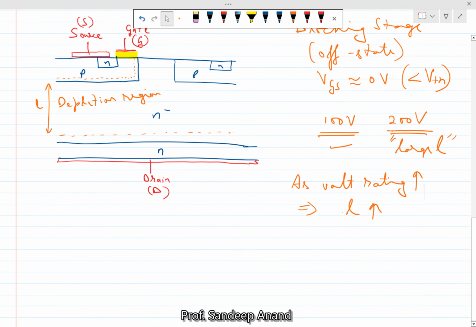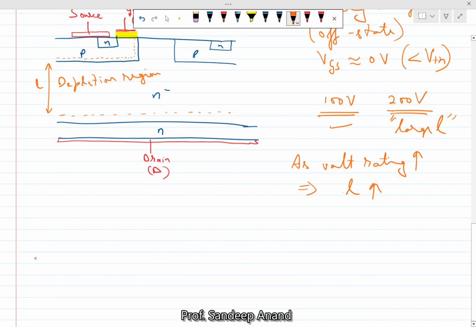In other words, as the voltage rating increases, the L value increases. L is the depletion region length, and thereby it increases the resistance during the on state, or the RDS, as we call it more popularly, RDS on. And therefore, it's very common that you would see a higher voltage device having a larger on state resistance.